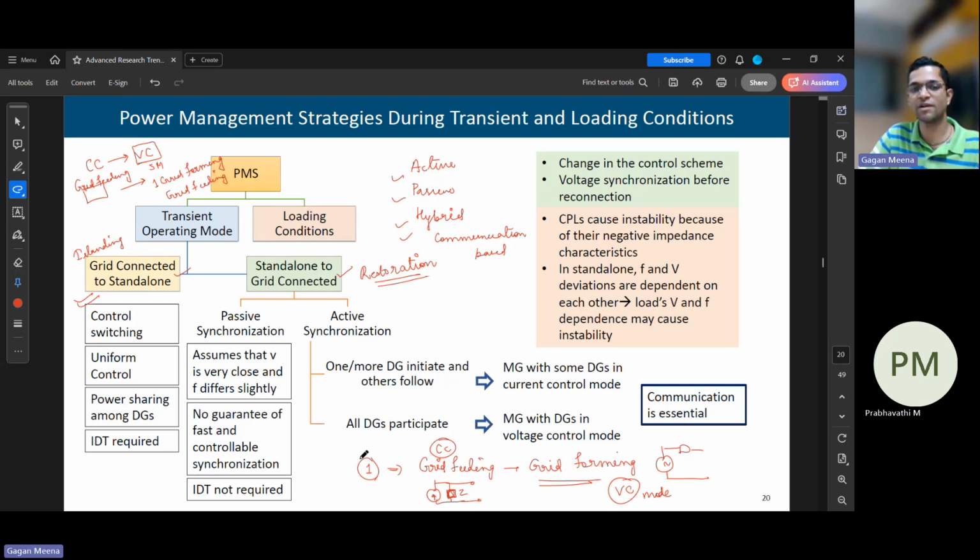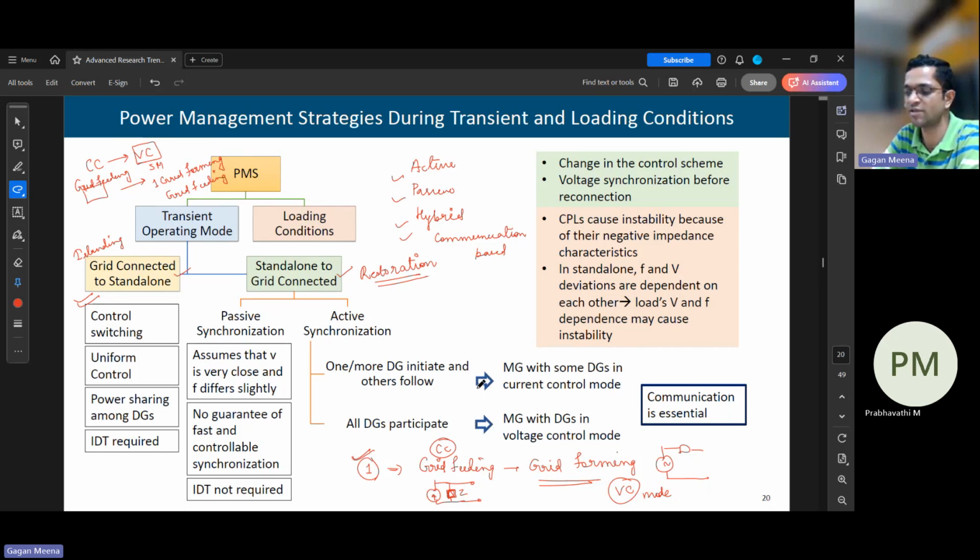This one particular DG has to take this responsibility. At least one. More DGs can also operate in the grid forming mode, but at least one of them has to operate in the grid forming mode, and that DG has to switch from grid feeding to grid forming.